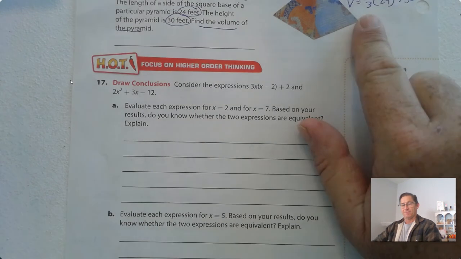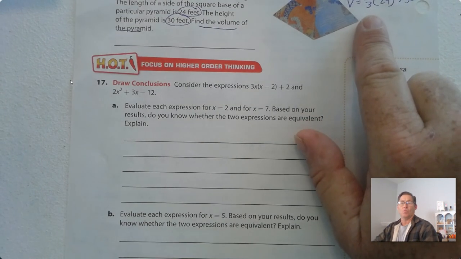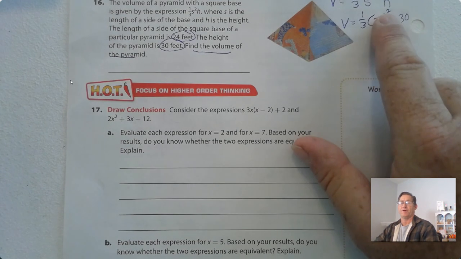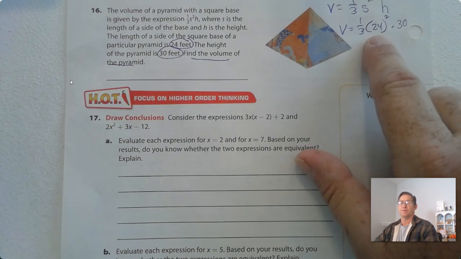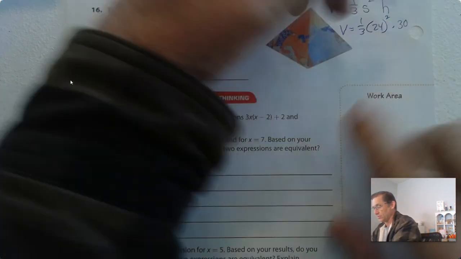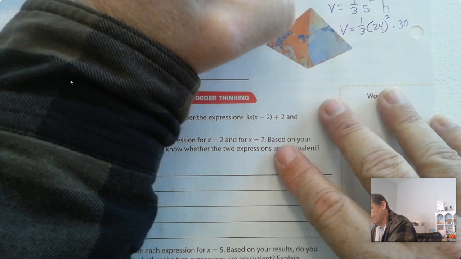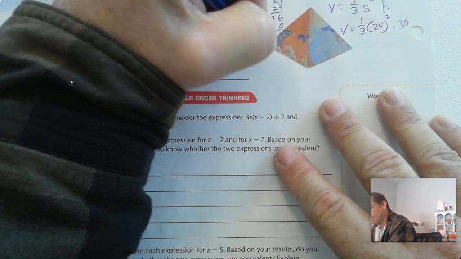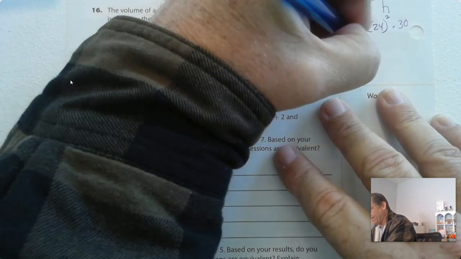Okay, so we have 1/3 of 24 squared. So s squared times 30 times 1/3. So 24 times 24 is 576.